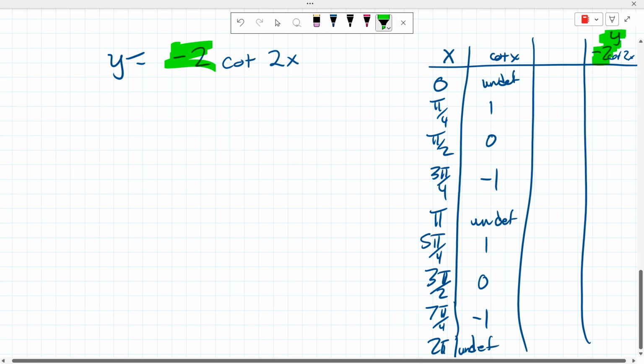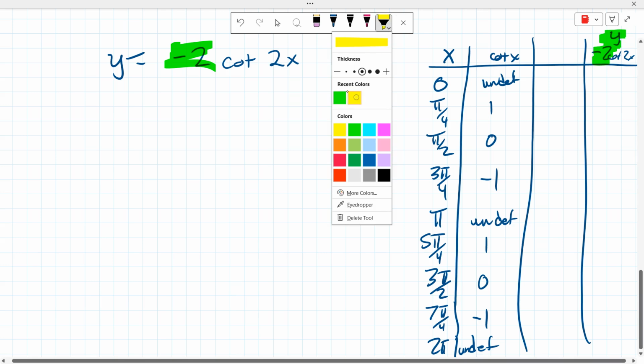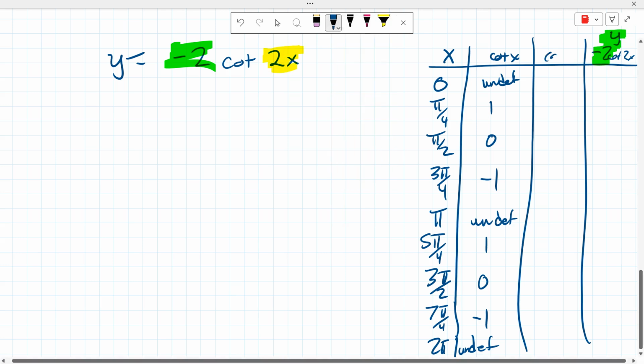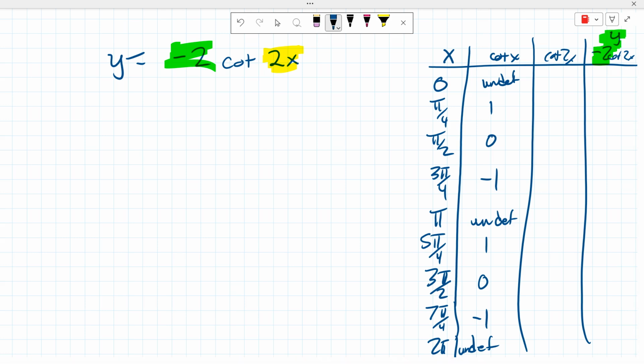So the -2 is what I'm really worried about there, not the cotangent 2x. So the cotangent 2x, what does it affect? So what does the 2x do to the x? Makes it twice as skinny.